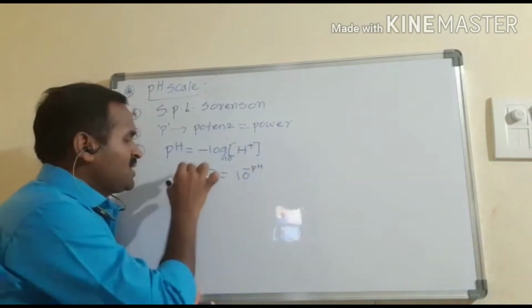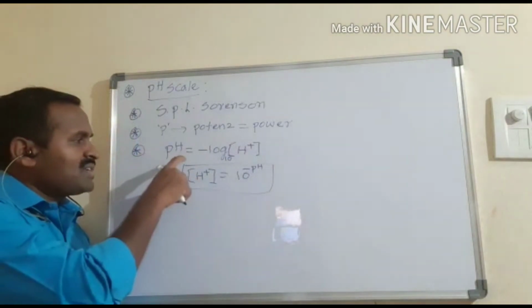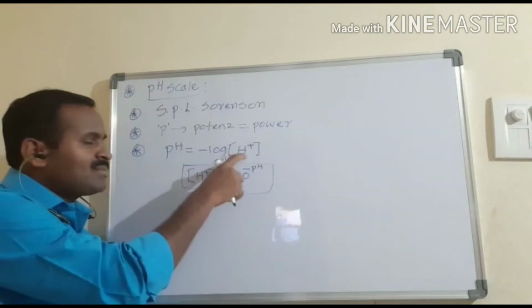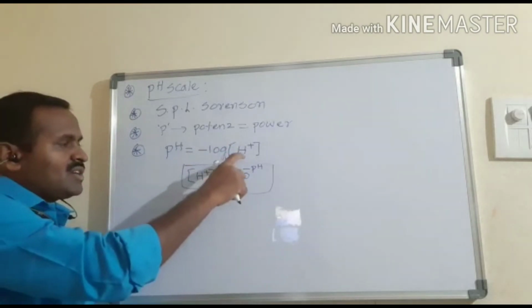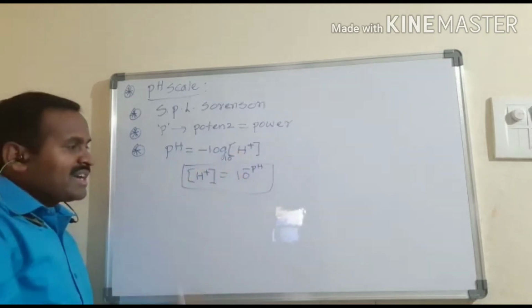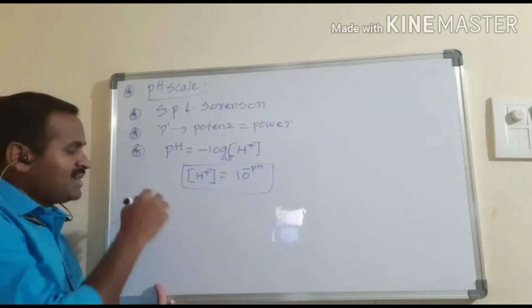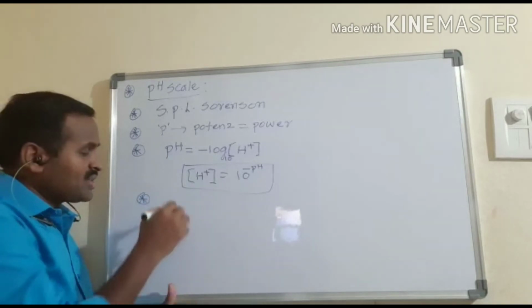The basic definition is that pH is the negative logarithm of H plus ion concentration.